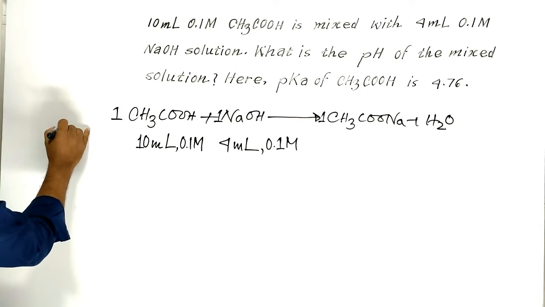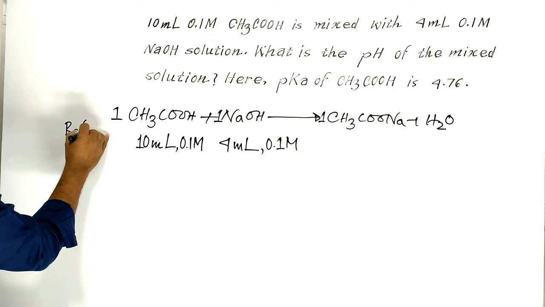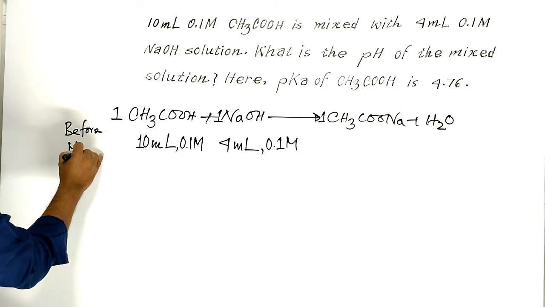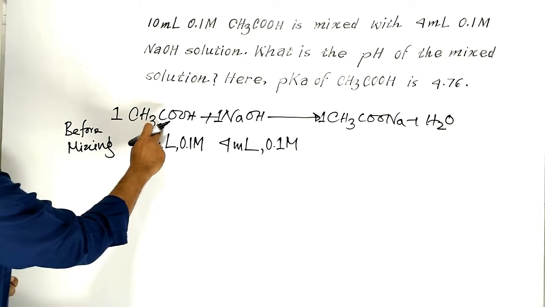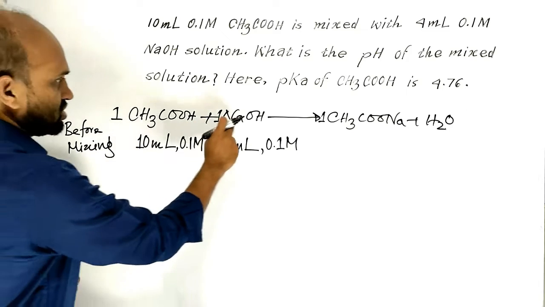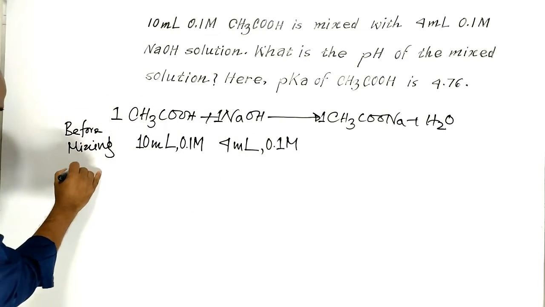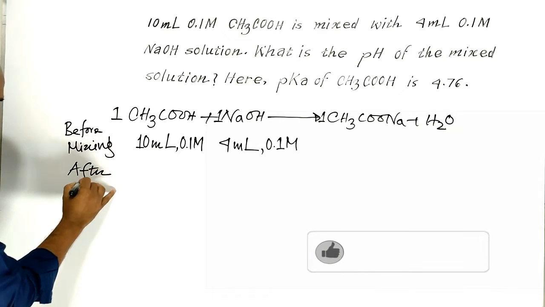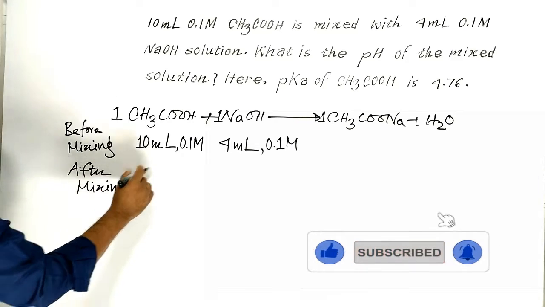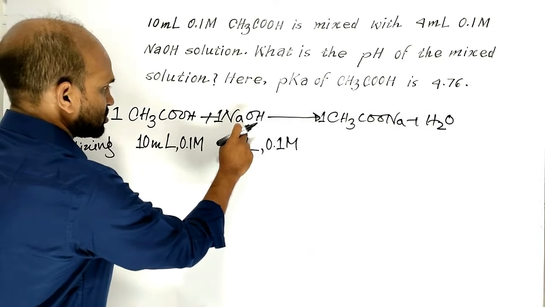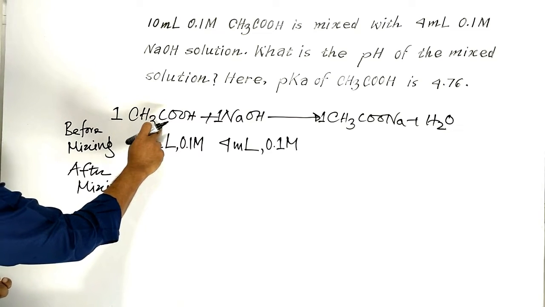That is, before mixing the components, acetic acid 10 milliliter, sodium hydroxide 4 milliliter. But after mixing, 4 milliliter sodium hydroxide will neutralize 4 milliliter acetic acid.